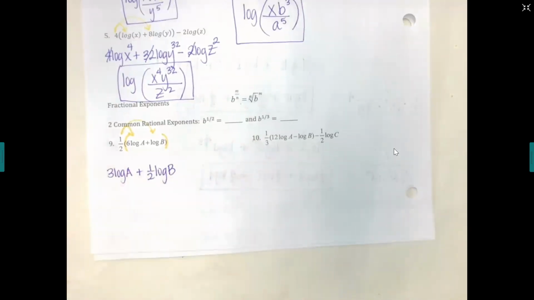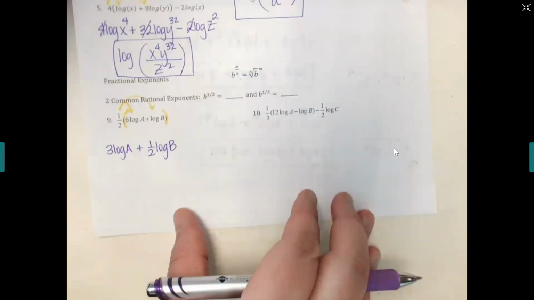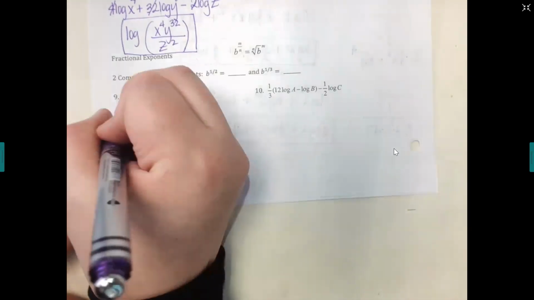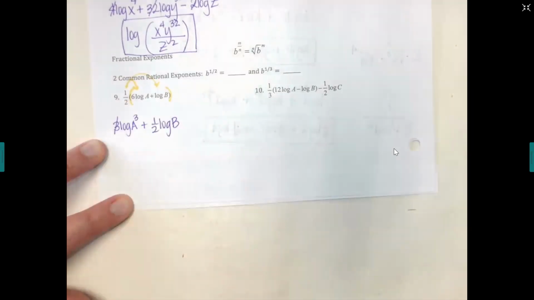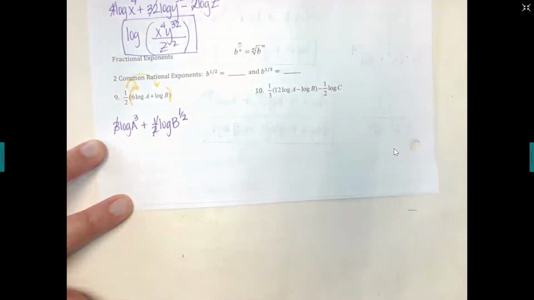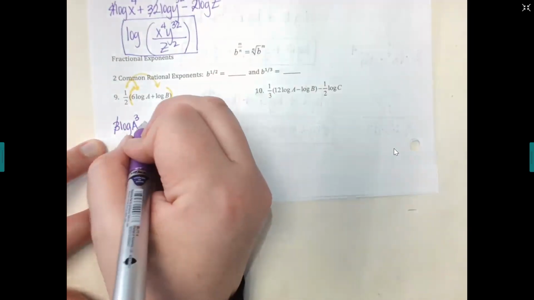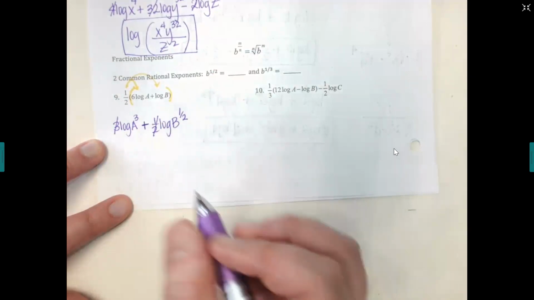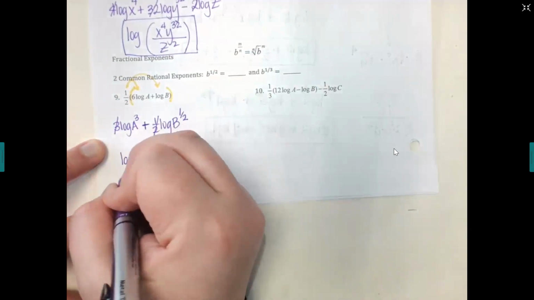Okay, now that my parentheses are gone, I can move my front numbers up, then squish them together into the same block. So my 3 is gonna become an A cubed. My 1/2 is gonna go up top on the B. And because these are originally added together, how will I combine them?